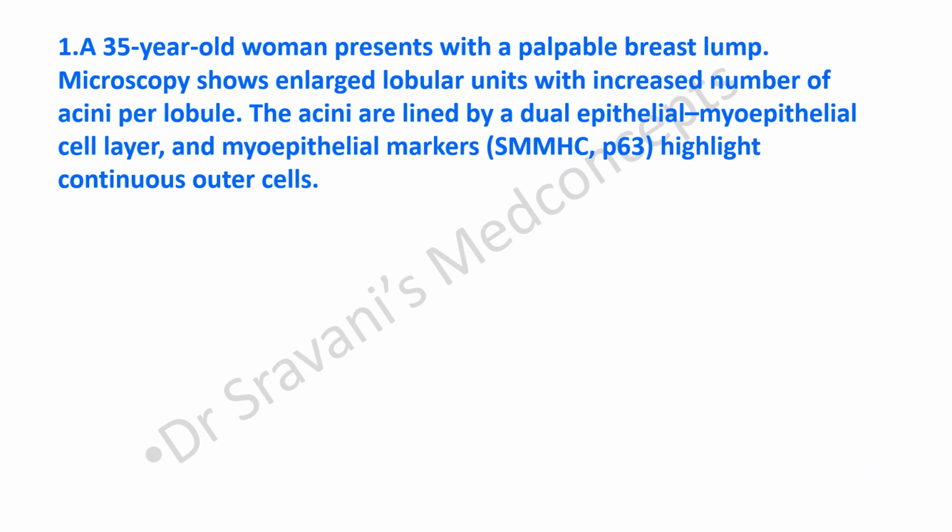So there are many things here highlighting that there are enlarged lobular units, meaning the lesion is pertinent only to the lobule, and there is an increased number of acini per lobule. So when there is an increased number of acini per lobule, it is adenosis, and it is demonstrated by double layered lining of each acinus and highlighted by myoepithelial markers like SMMHC or P63.